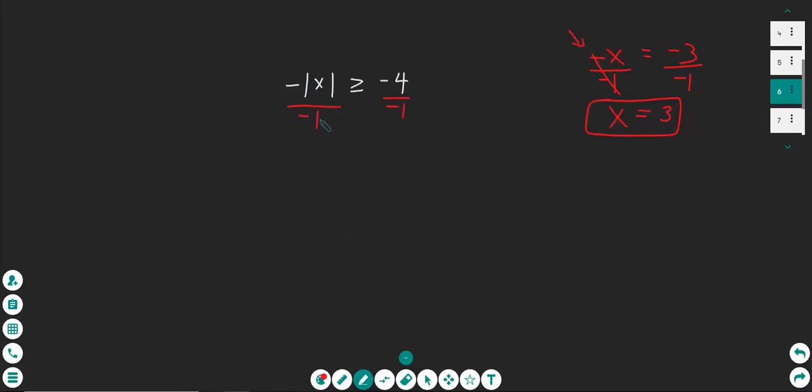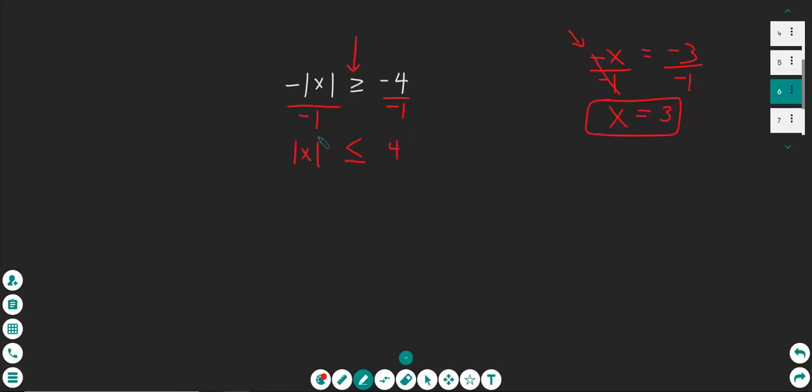Only the thing we need to remember is because this is an inequality, that sign needs to switch because we divided it by a negative number. So that's going to become less than or equal to. All right. And then if we divide these out, we're going to end up with a positive absolute value of x. And negative 4 divided by a negative 1 is going to be a positive 4.